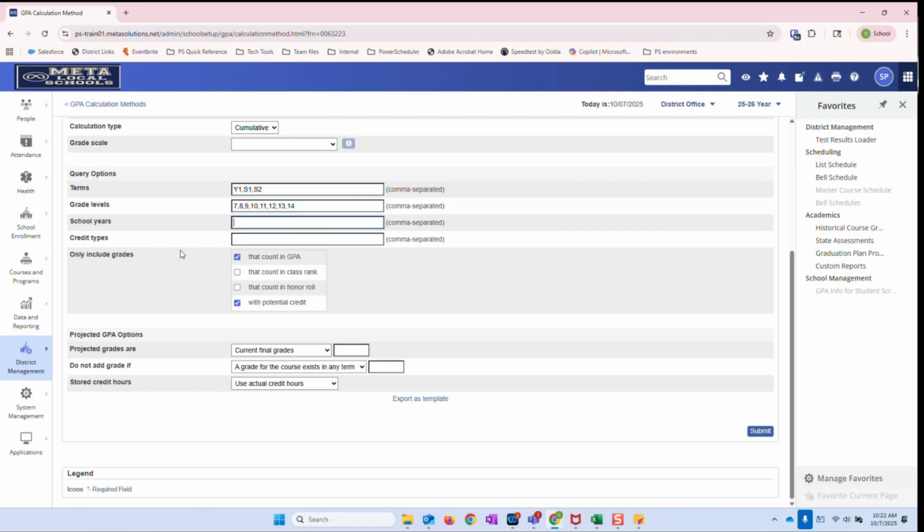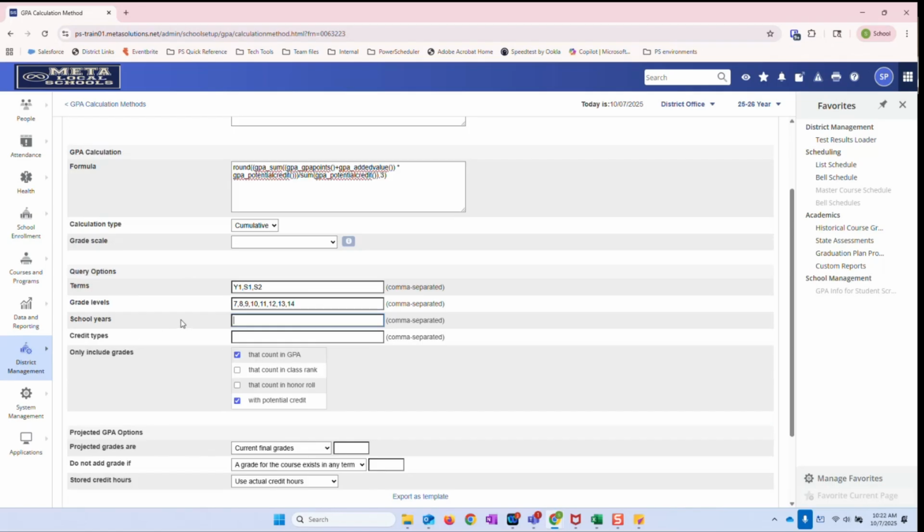School years. School years aren't used a whole lot, but I'm going to give you an example of a cumulative GPA that would use a school year. You would use a school year in the case of maybe an eligibility GPA. Your students came back to school in August, and a lot of them are playing sports, involved in athletics, and you want to determine who's eligible during quarter one based upon last year's Q4 GPA. I do want to show you an example of that after this.